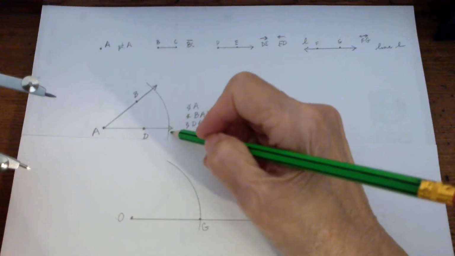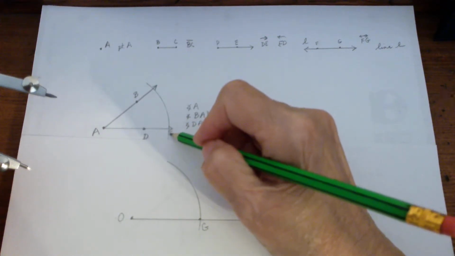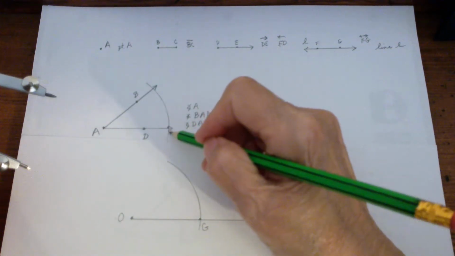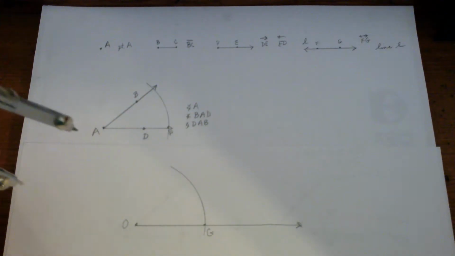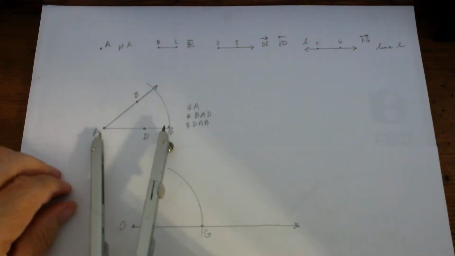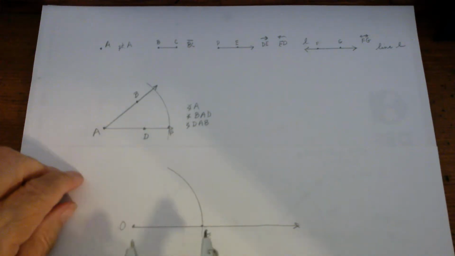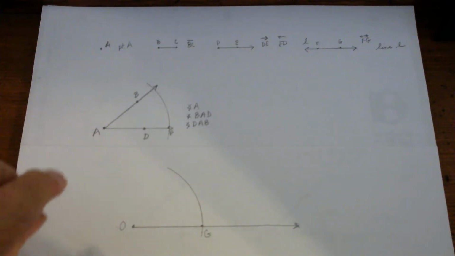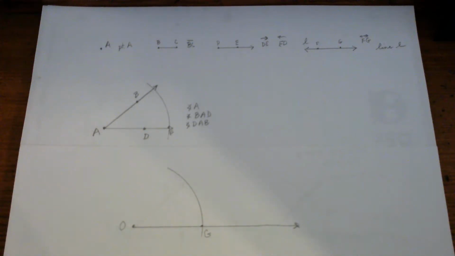Let's call this point F. We know that we measure line segments with our compass, and so I measure that AF is the same as OG.